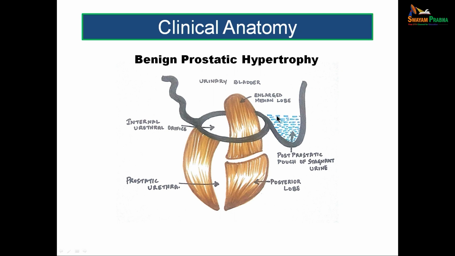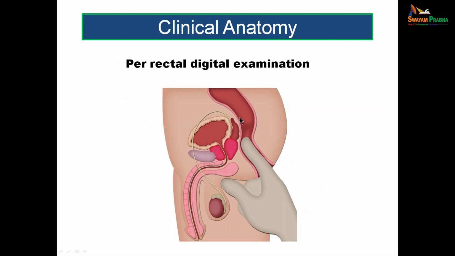You find this stagnation of urine forming a post-prostatic pouch in the urinary bladder, and this is due to the enlarged median lobe in the region of the uvula vesicae, which acts as a valve to close the sphincter or the orifice here.